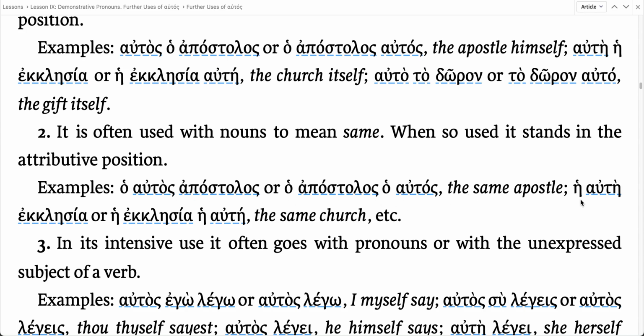Here you see an article attached to the word αὐτός. So these other uses can show up. When you see αὐτός, it doesn't mean it's always a personal pronoun. It is in terms of its grammar. However, by the way it's used in the sentence, it could be used in an intensive way, or to talk about the same church or the same apostle, and to communicate that idea.